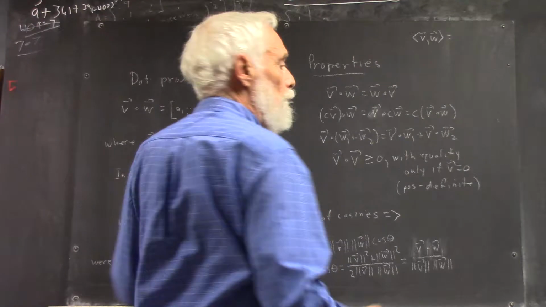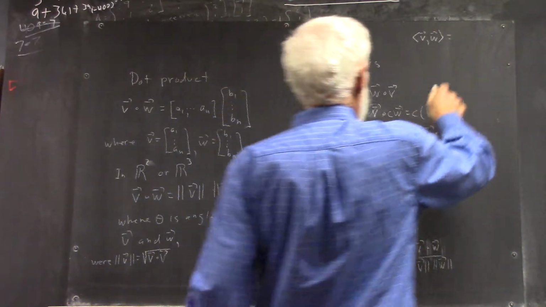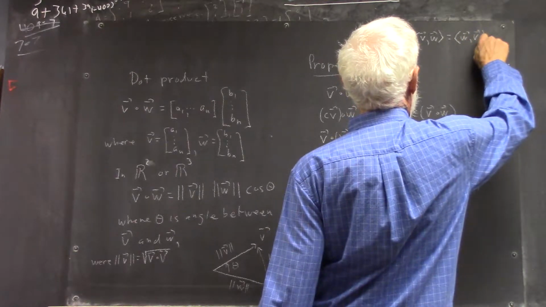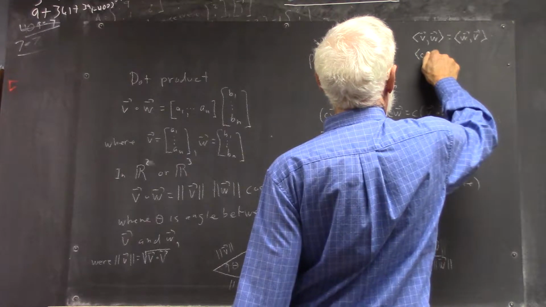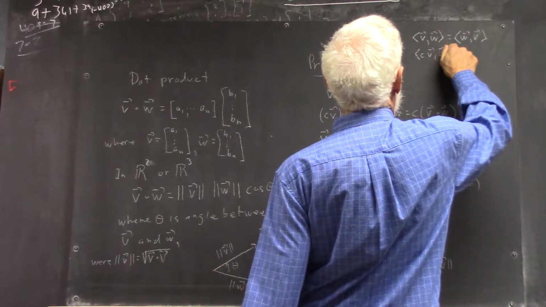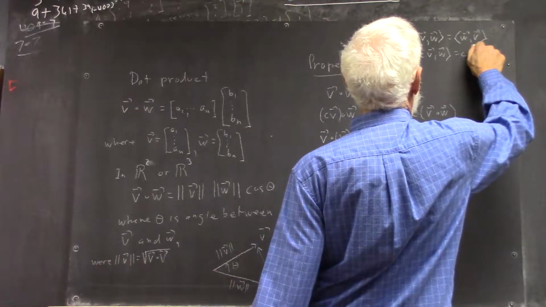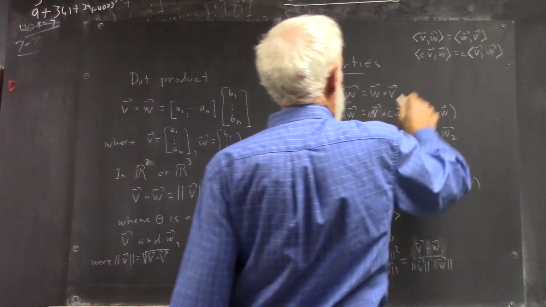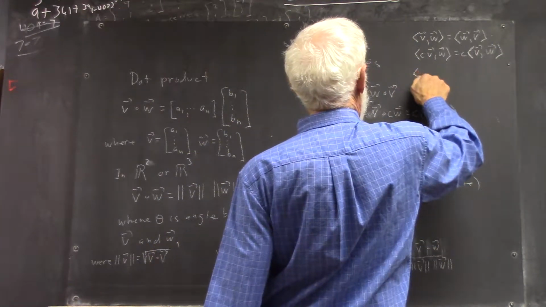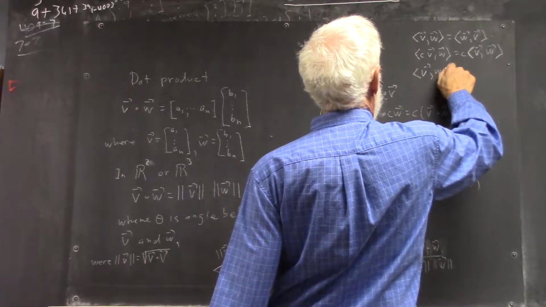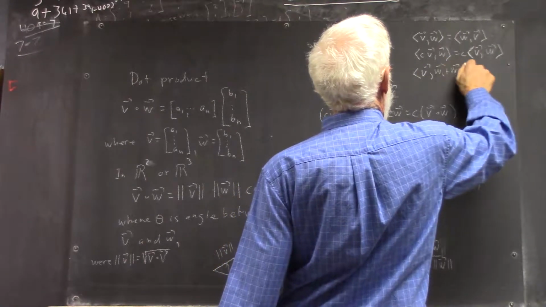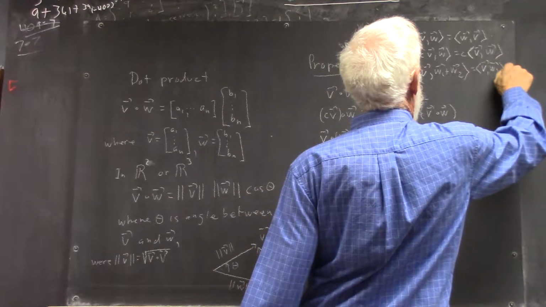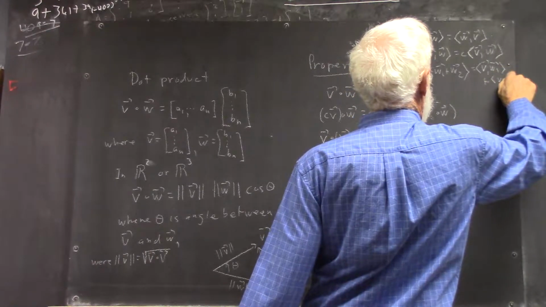And this is just a rule for combining V and W. That V combined with W equals W combined with V. That CV, W equals C times V, W. That V, W1 plus W2 equals V, W1 plus V, W2.